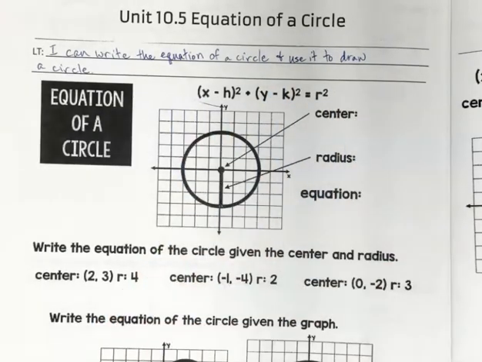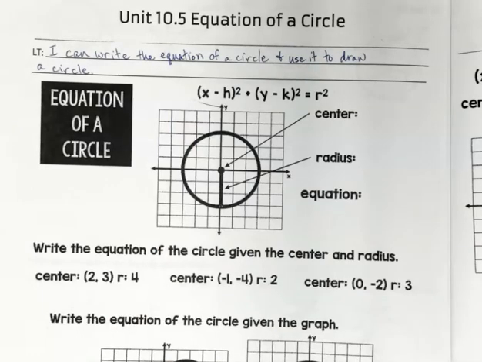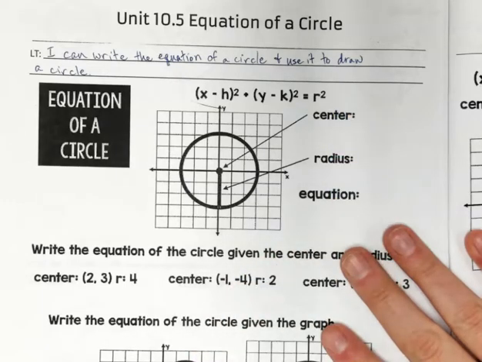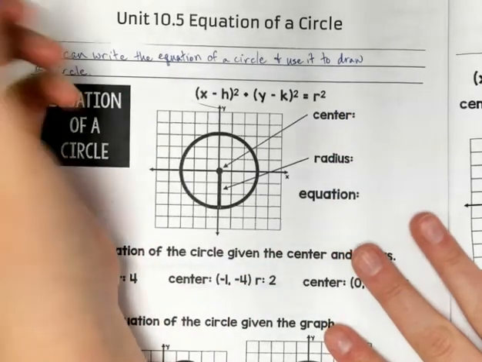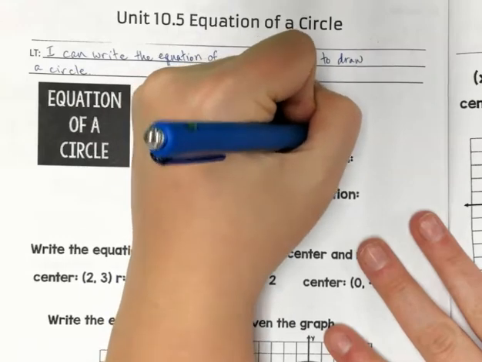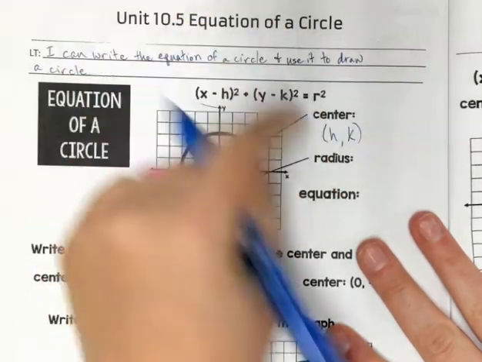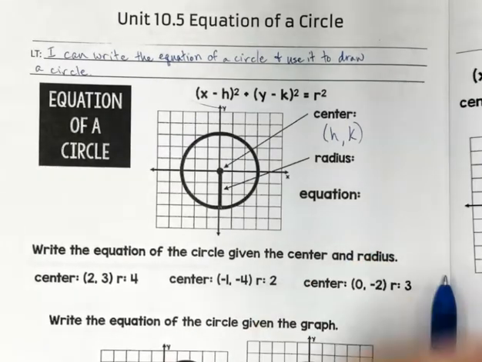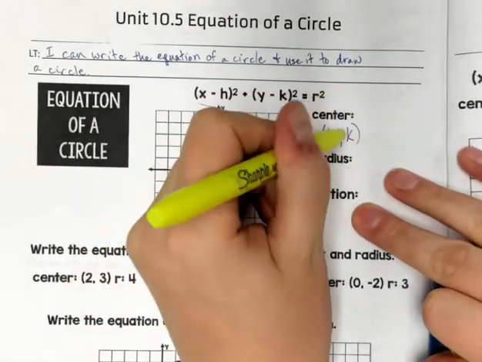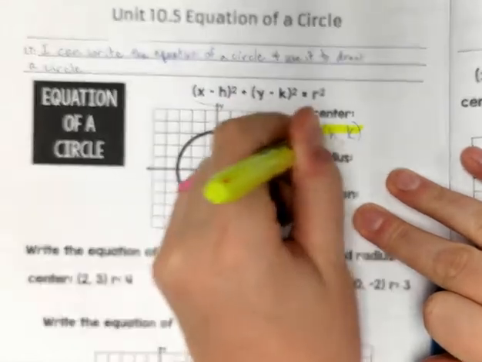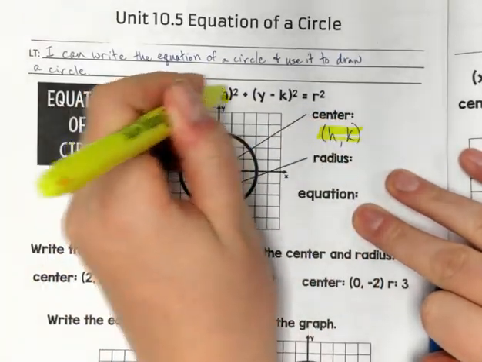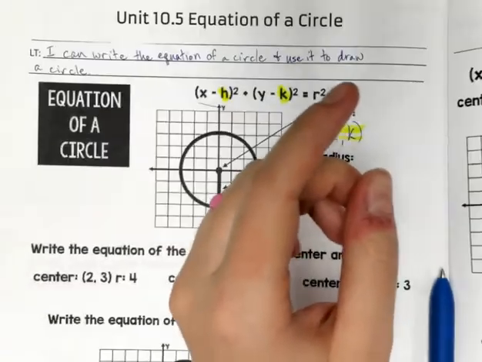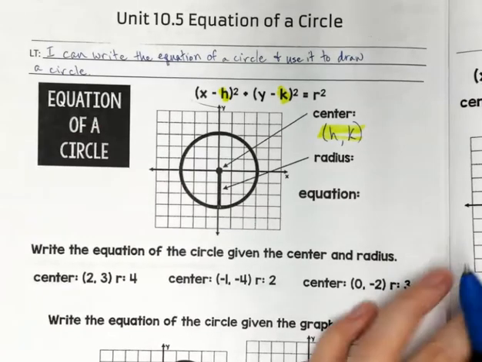So we're going to break this down right here. I'm going to explain these two things that are really the keys to unlocking this. Our center is going to be H, K. So when we look at it as a point, it is H and K. I'm going to highlight this, and then I'll highlight H and K in my formula, or my equation.